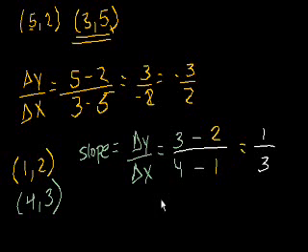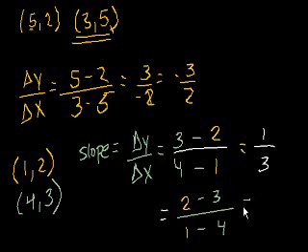And we could have actually switched it around. We could have done it the other way. We could have said 2 minus 3 over 1 minus 4, in which case we would have gotten -1 over -3. Well, that just equals 1/3 again, because the negatives cancel out.